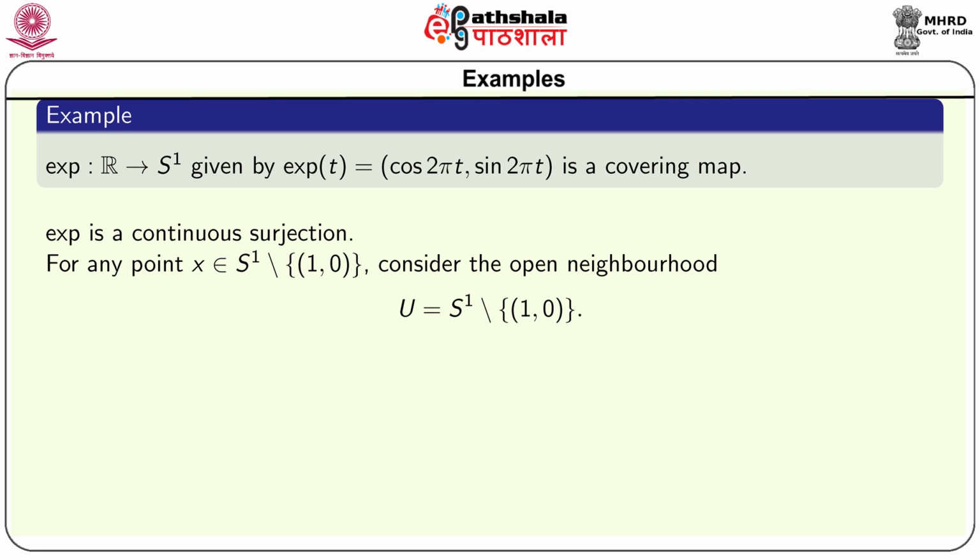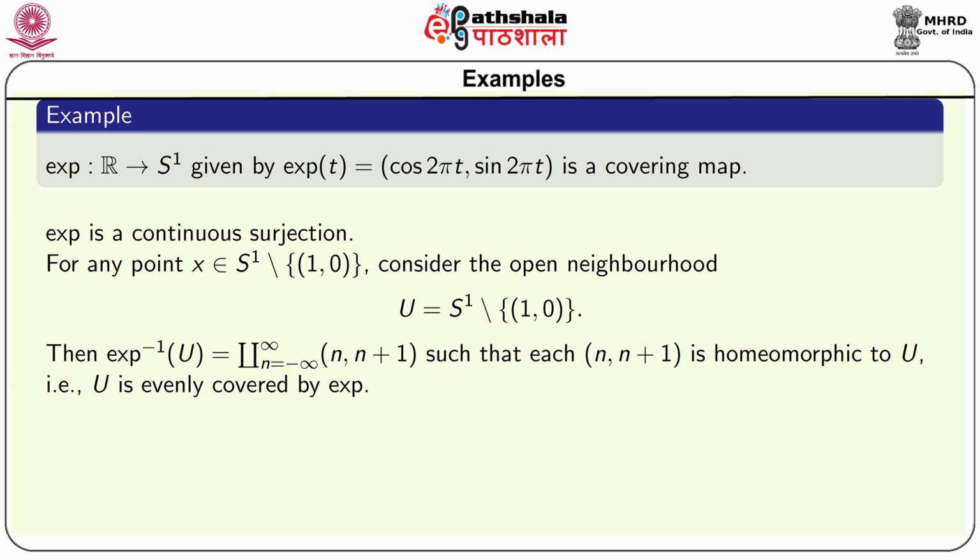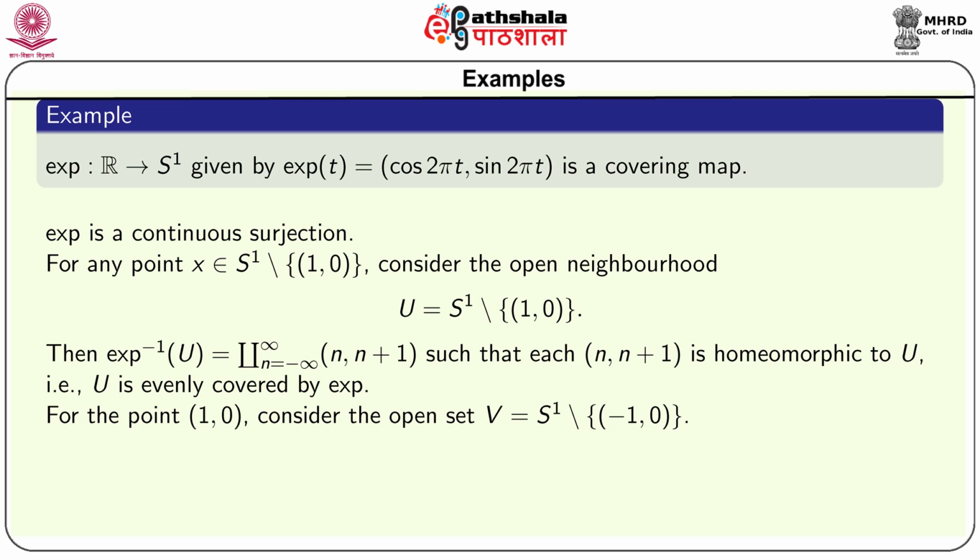Exponential is a continuous surjection. For any point x taken from S1 minus (1, 0), if we consider the open neighborhood U as S1 minus (1, 0), then exponential inverse of U is a disjoint union of the open intervals (n, n plus 1), where n varies over the set of integers. Of course, each open interval (n, n plus 1) is homeomorphic to the given open set U, that is, U is evenly covered by exponential.